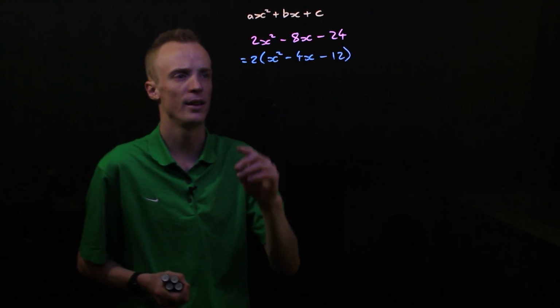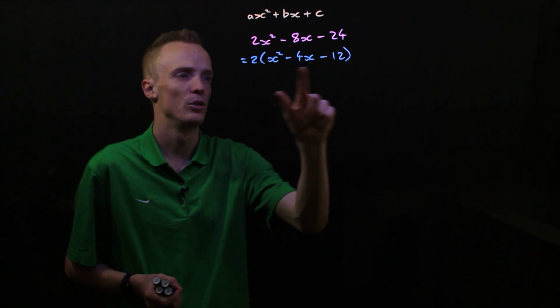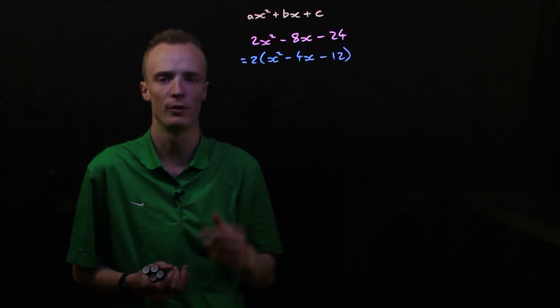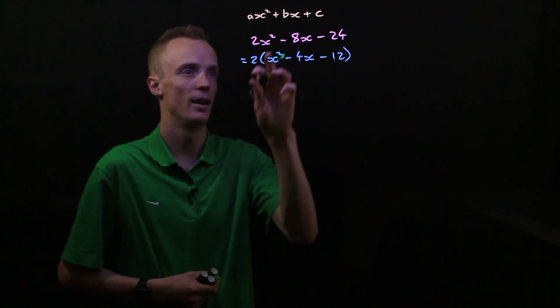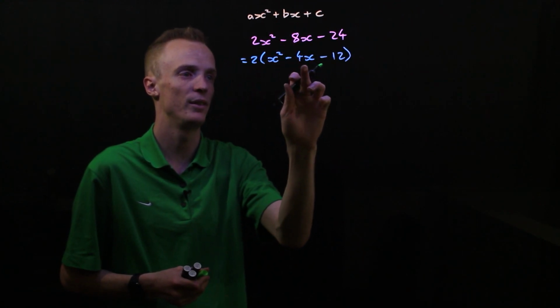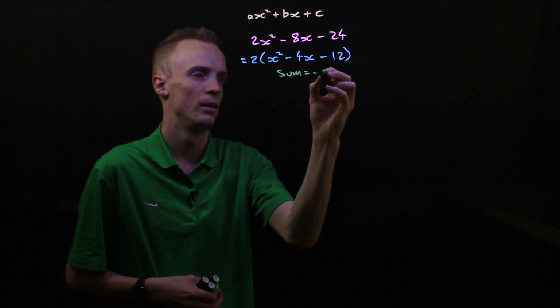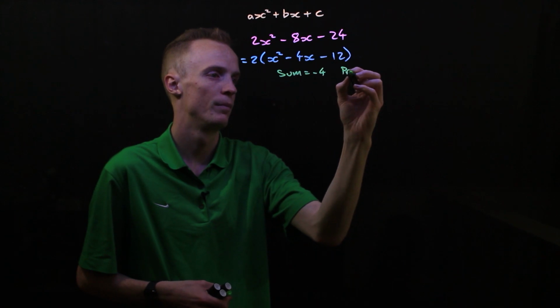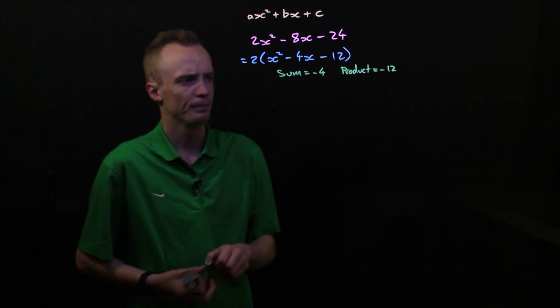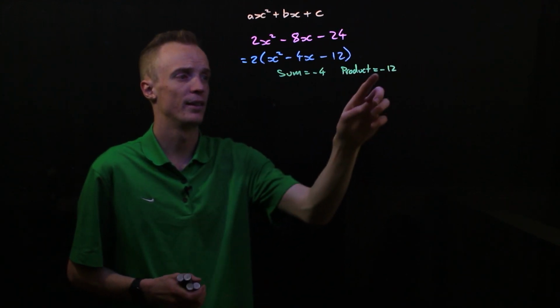So what I can do is I can now use the sum and product method to factorize this trinomial that I've got in brackets. So here, I'm looking for a sum of my b value, which is negative 4 here, and a product of my constant value, which is negative 12. So when I look at this, I've got a product that's negative.